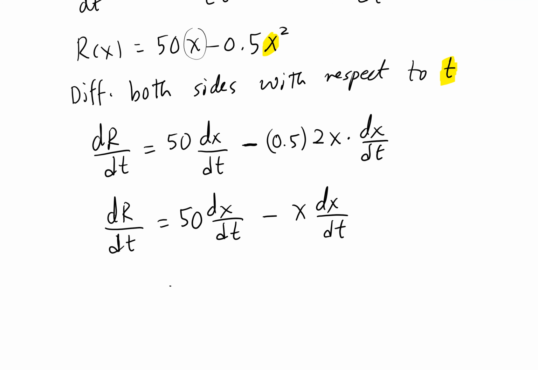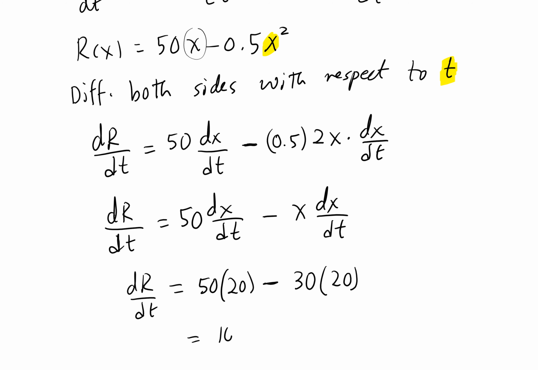They give us the value of dx dt, which is 20, and the value for x, which is 30. That would give us 1,000 minus 600. So that gives us $400 per day. That's the change of the revenue with respect to time.